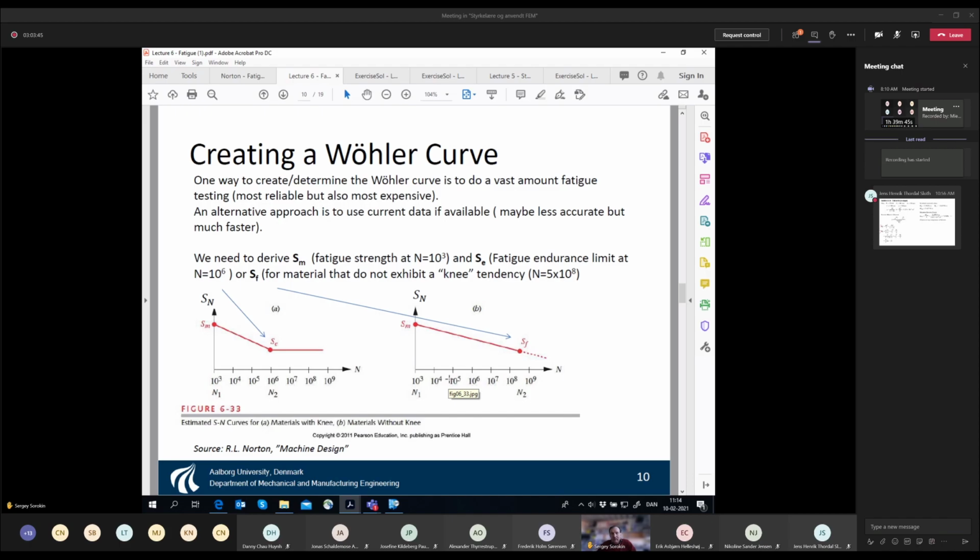So this is the life. For example, if you take the hull of a ship, it could be quiet waters, it could be very troubled waters. And then you have somehow to assess the damage. The simplest possible way to assess is this linear accumulation of damage, which is the Palmgren concept.